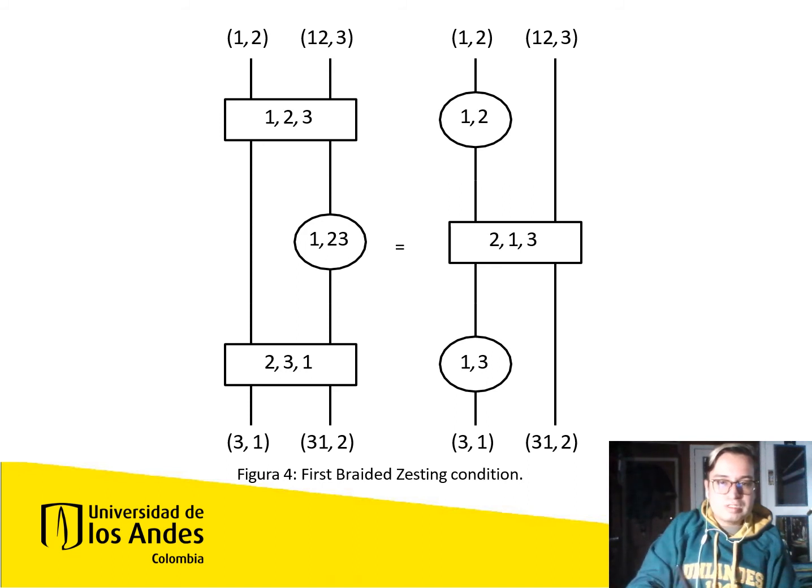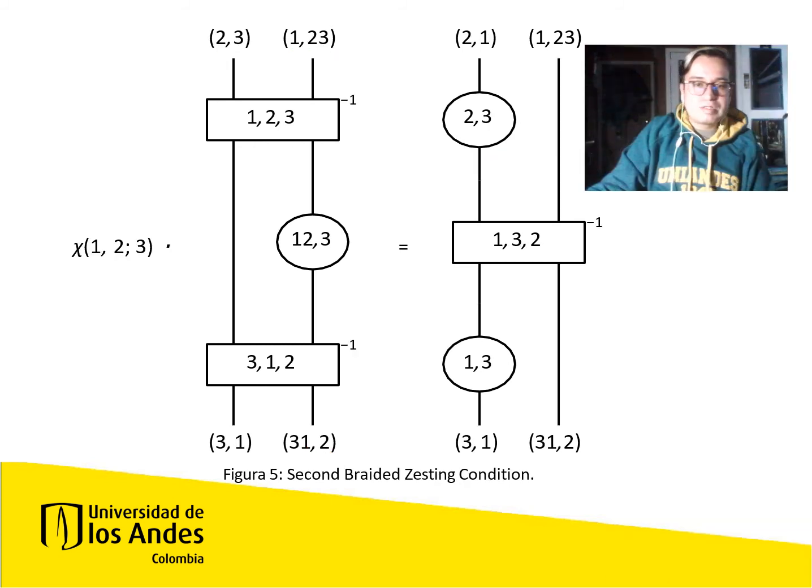The first condition is about ways that we go from these labels to these labels using the isomorphism lambda and the isomorphism T in two different ways. And I will also have this other condition, from going to these labels here by using lambda and T, but with a scalar that is given by my isomorphism Chi that I defined before.